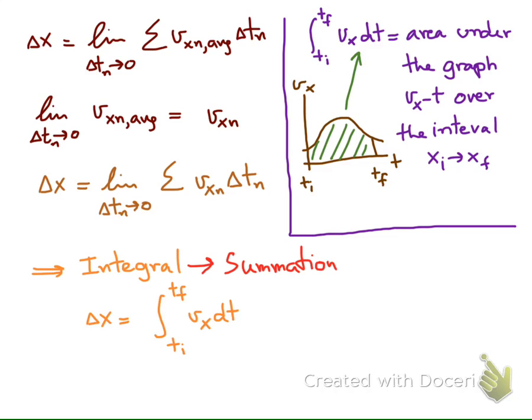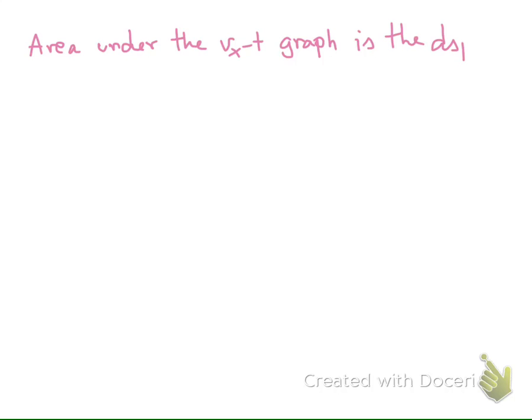So we have that the area under the Vx-t graph is the displacement.